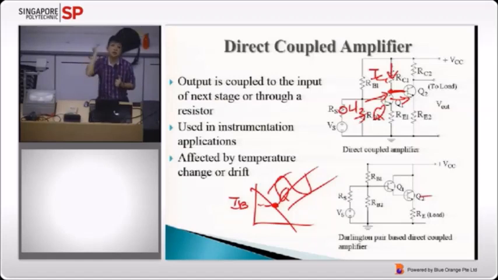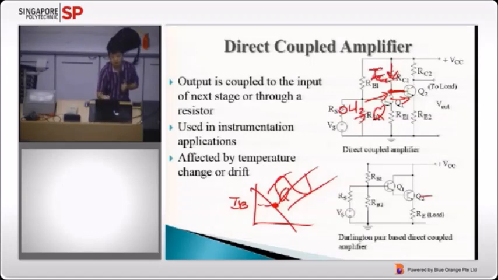So direct coupled has this disadvantage also: the Q point is not stable. If you operate it in a different environment, it will change. Clear? Because the current changes, the IB changes. Now this is IC, right?